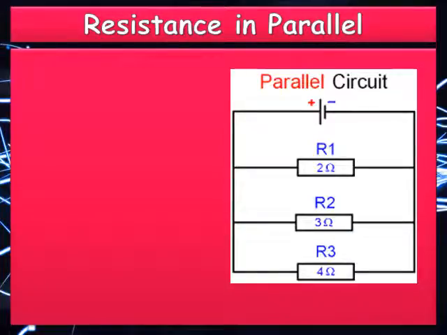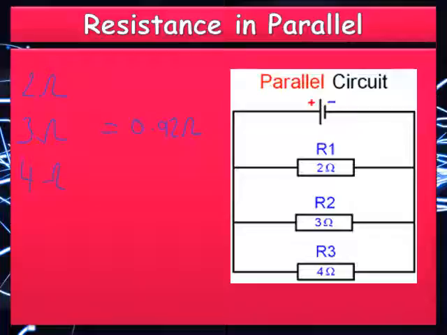So here we have a parallel circuit. So with three resistances, it has 2 ohms, 3 ohms, and 4 ohms. And if you actually measure the resistance, the total resistance equals 0.2 ohms over the entire circuit.